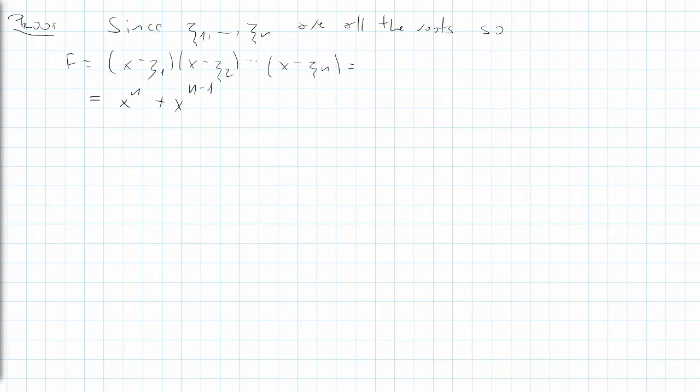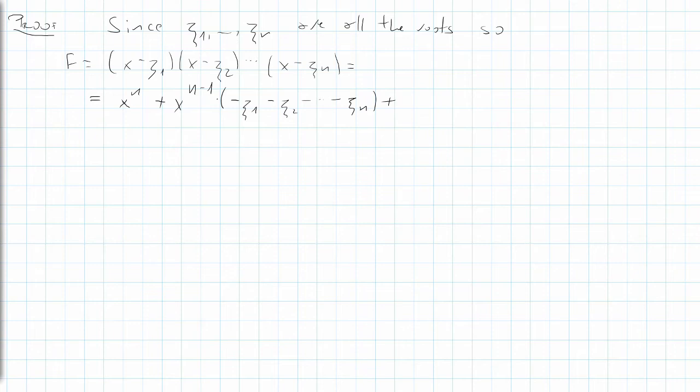From n minus 1 parentheses we picked x, and from the remaining one we picked xi. If the remaining one was the first parenthesis, it is minus xi 1. If it was the second parenthesis, it is minus xi 2. And so on. If it was the last parenthesis, then we have minus xi n.